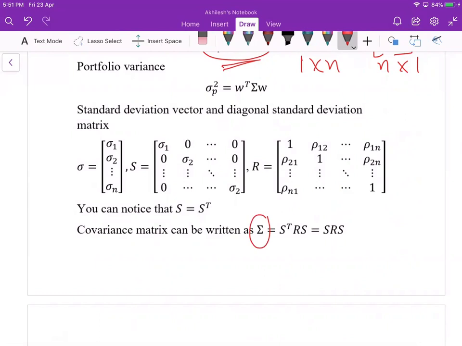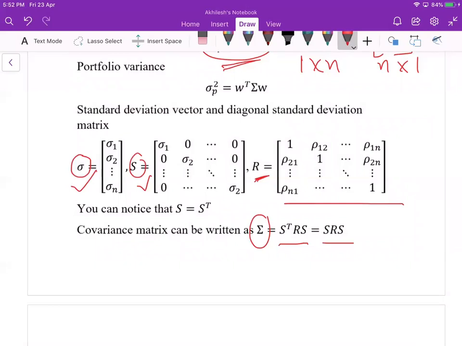You can decompose this into S, R, S. This is the standard deviation in vector form, and this is the matrix form, with only the diagonal elements, and the correlation among assets is this matrix.